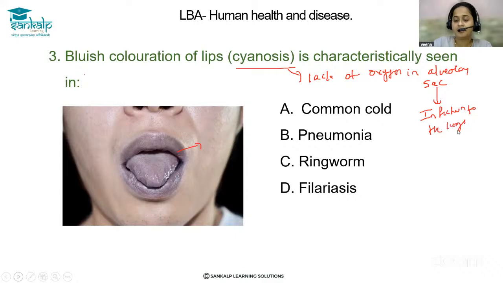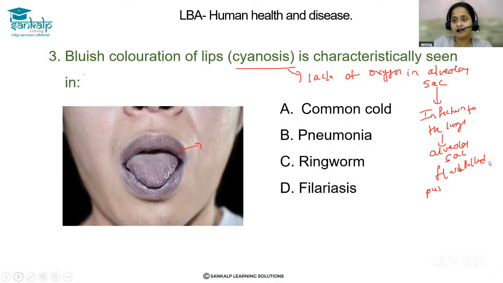Okay. And due to the infection, it is causing what? Damage to the alveolar sac. Alveolar sac becomes fluid filled, or it is attacked by the pus. Okay. So that is what it is causing, directly infection in the alveolar sac of the lungs.